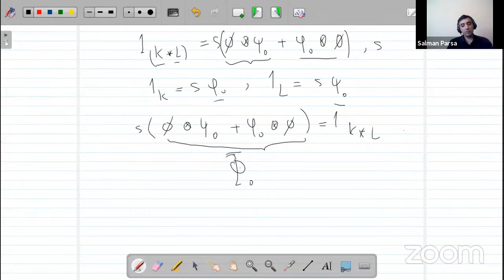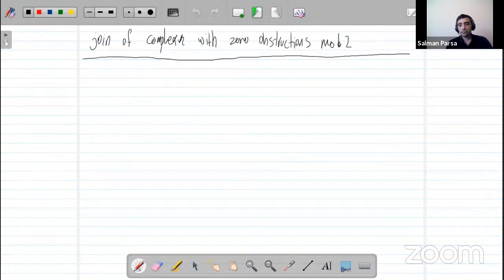This capital phi shows the terms of the resolution inside the cochain complex of the join. So we have the first term of the resolution, and now we need only the S and D of the join complex to compute the rest of the terms in the resolution. And if we do that, we get the following formula.